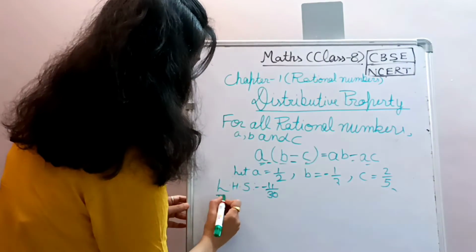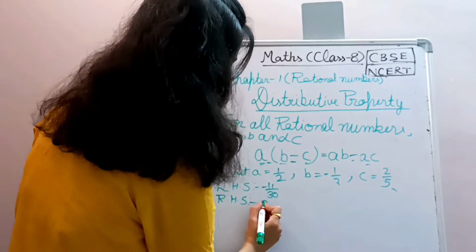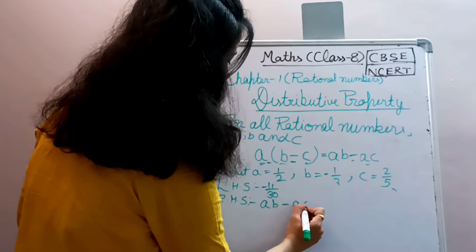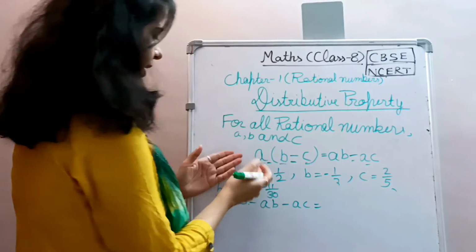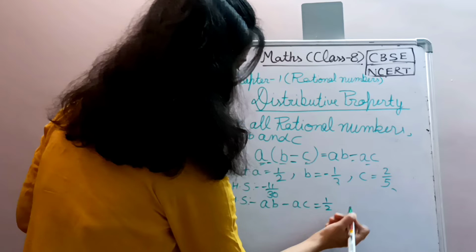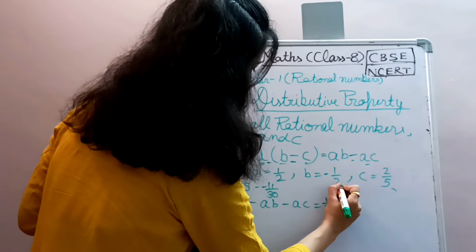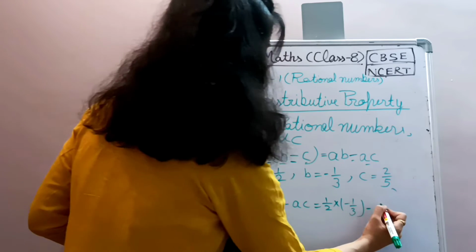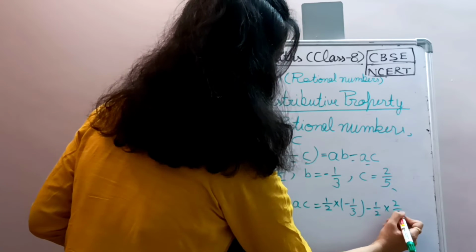Now right hand side, which is AB minus A multiplied by C. Just put the value of A, B and C here. 1 upon 2 multiplied by minus 1 upon 3 minus 1 upon 2 multiplied by 2 upon 5.